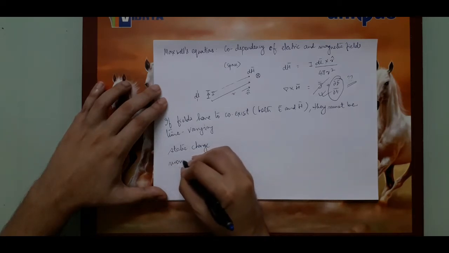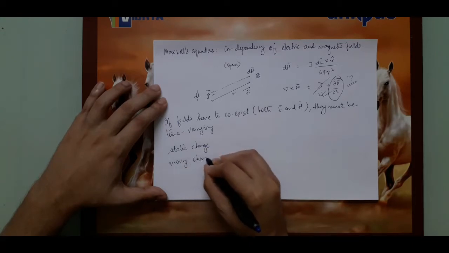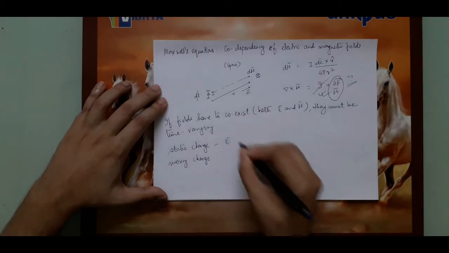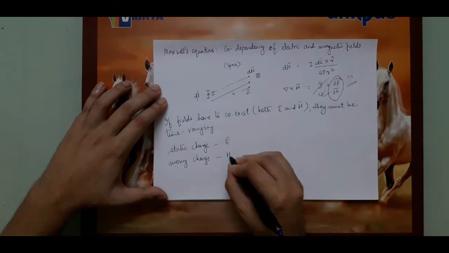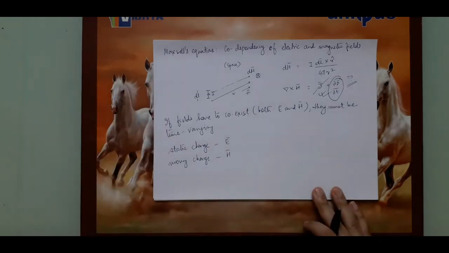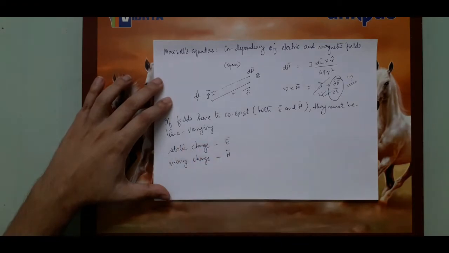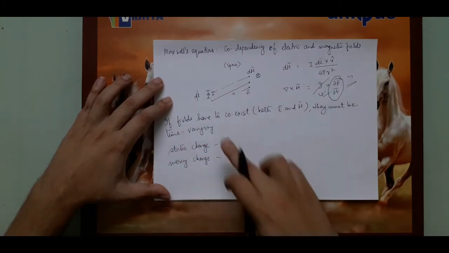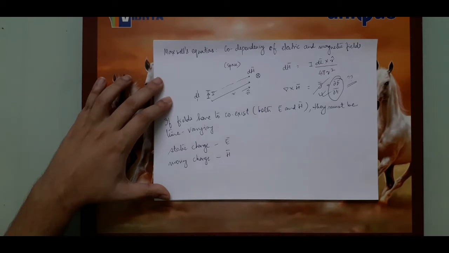So static charge, as we know, causes electric field, whereas moving charges cause magnetic field. So Maxwell proved that since the cause of these are essentially the same, E and H fields are correlated.